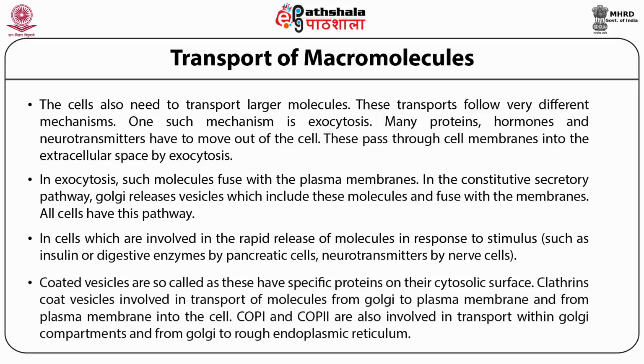Coated vesicles are so called as these have specific proteins on their cytosolic surfaces. Clathrins coat vesicles involved in transport of molecules from Golgi to plasma membrane and from plasma membrane into the cell. COP1 and COP2 are also involved in transport within Golgi compartments and from Golgi to rough endoplasmic reticulum.